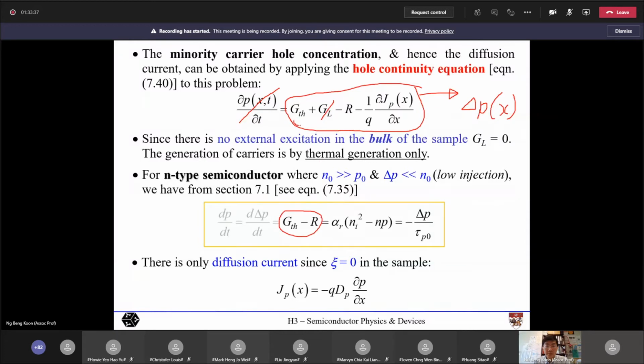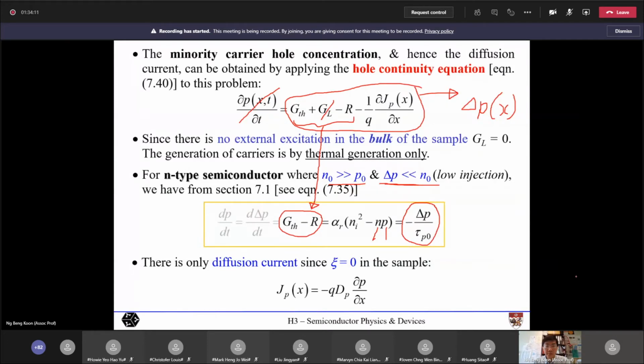In the case of an n-type semiconductor, for the GTH minus R term, if you expand it out and put in the expressions for n and p, applying the two conditions, where majority carrier is more than minority and the excess carrier is less than the majority carrier, meaning low injection condition, you can simplify this term to minus delta P over tau P naught, which we have done previously in the case of optical illumination.